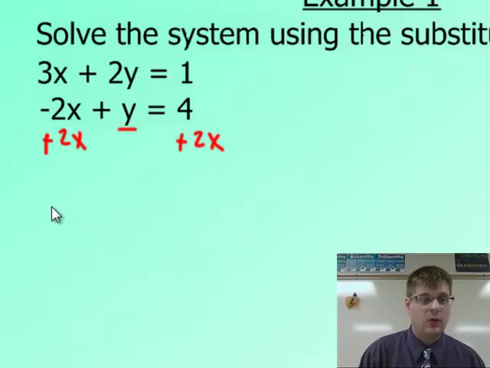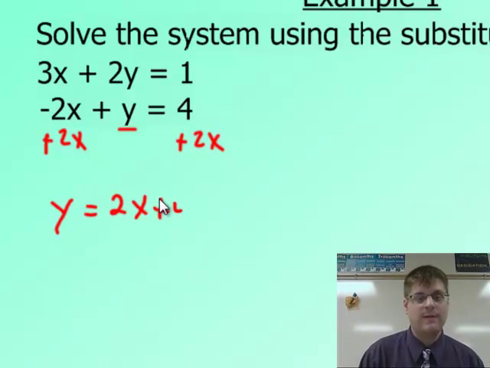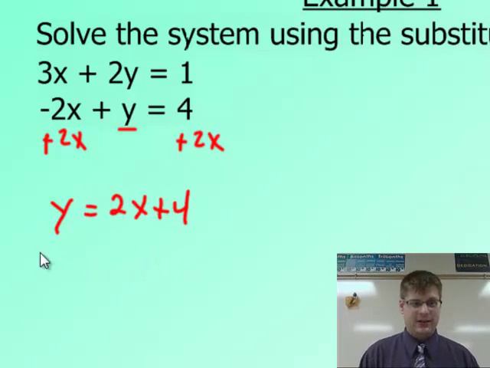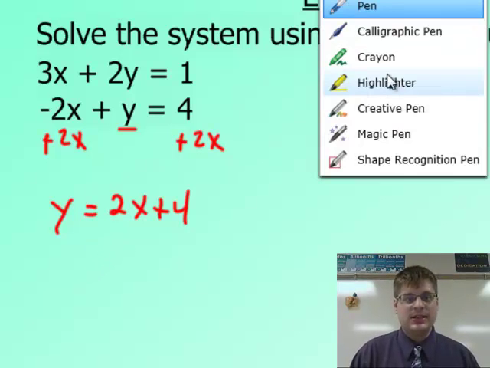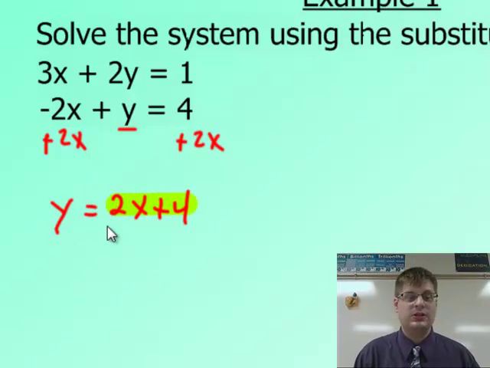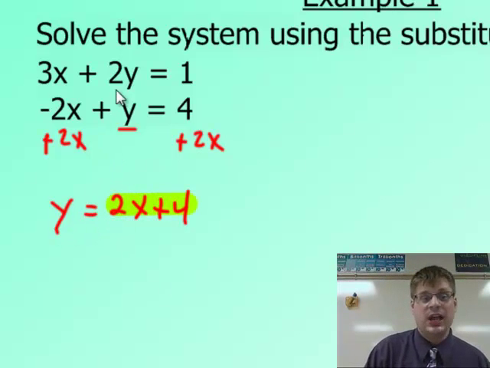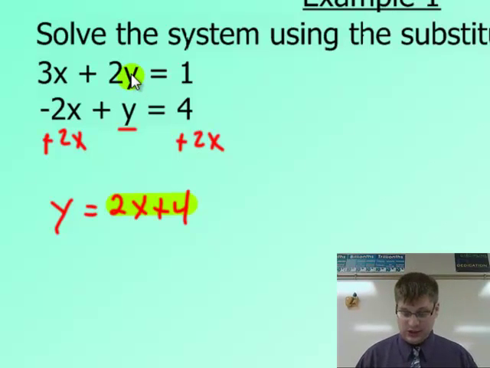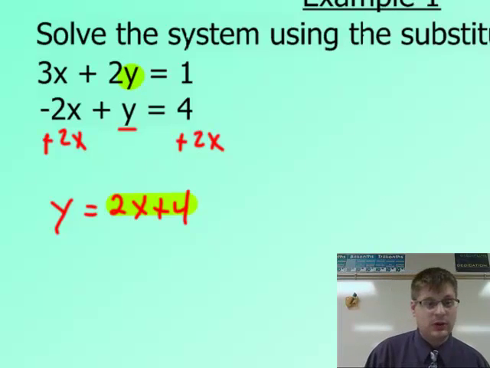That's going to leave me with y equals 2x plus 4. Now that I have that, all I want to do is take the value that y is solved for, y equals, and substitute it into the y in the other equation.